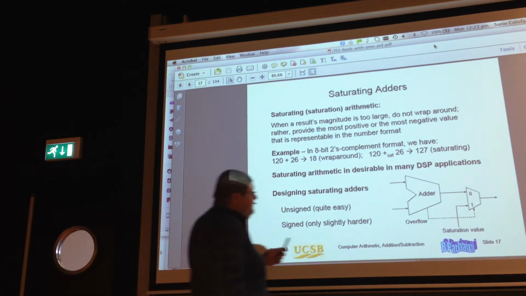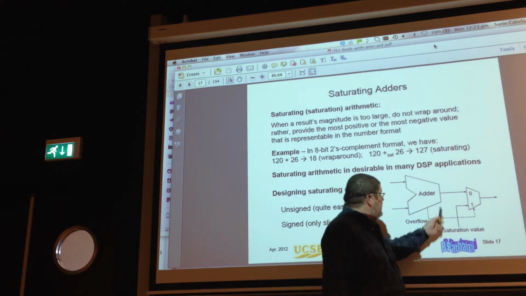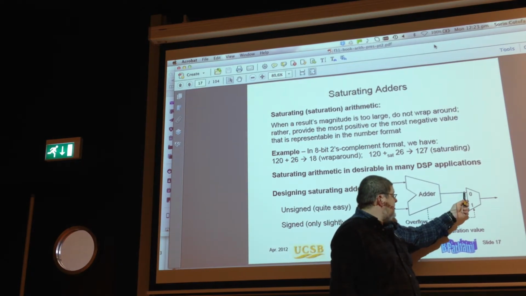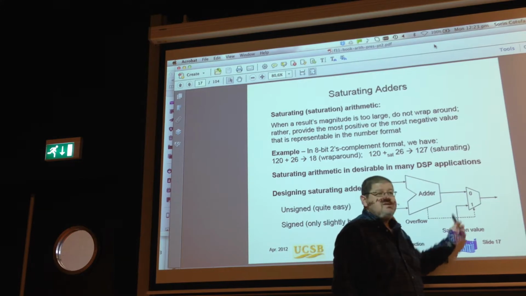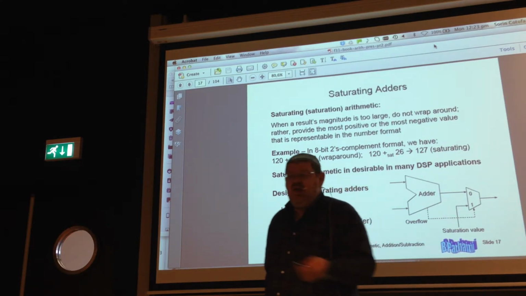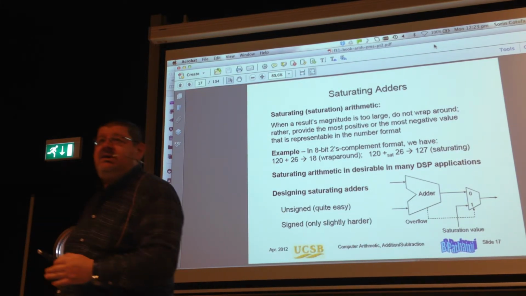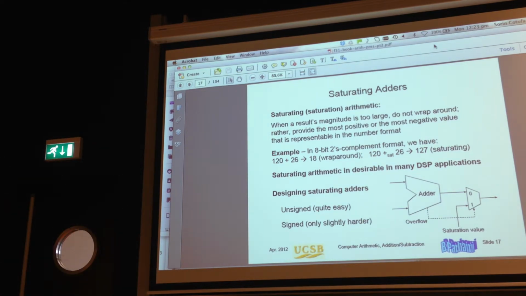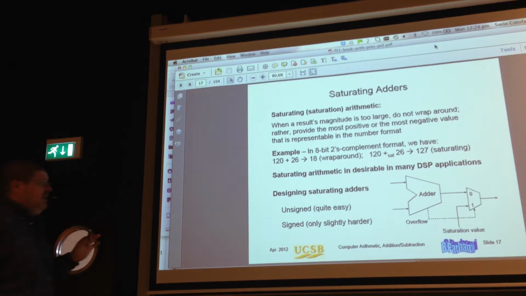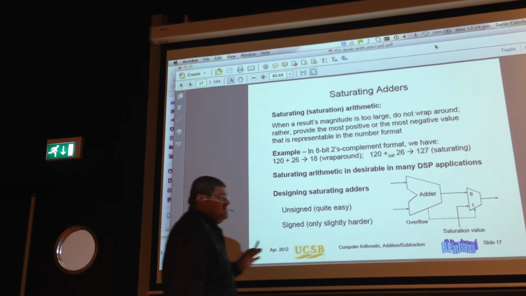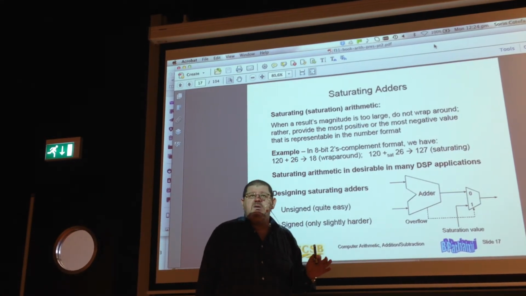Then if the overflow is present, instead of selecting the result, I select a saturation value, which is hardwired. From the point of view of the adder, I didn't do anything wrong. I put an extra multiplexer on the output, which will increase the propagation delay a bit. But I saved a lot of cycles.